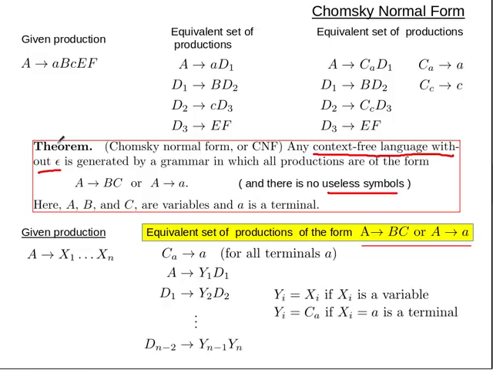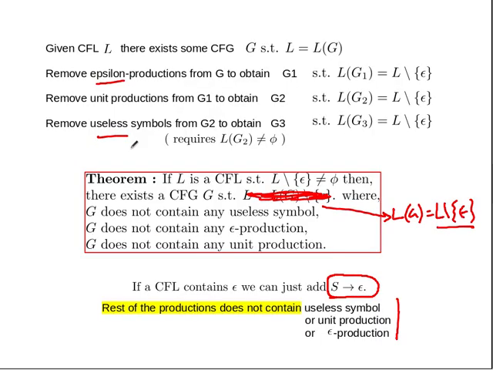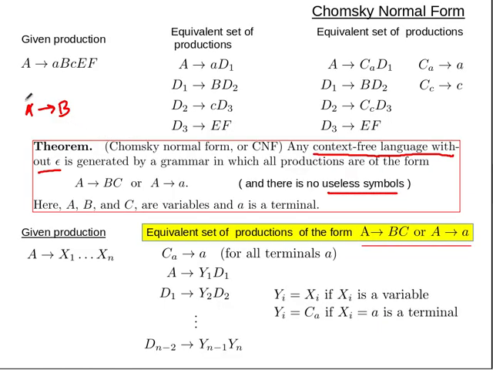Then suppose we have a production that does not conform to this form. Anyway, it cannot contain something like A goes to B, because it is free of unit production, as we have already done.